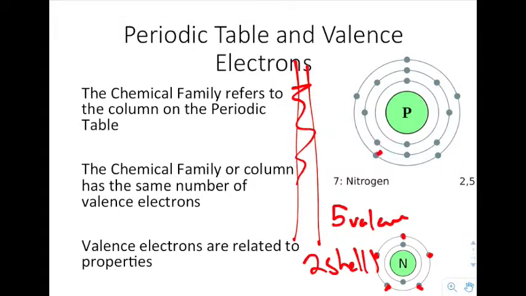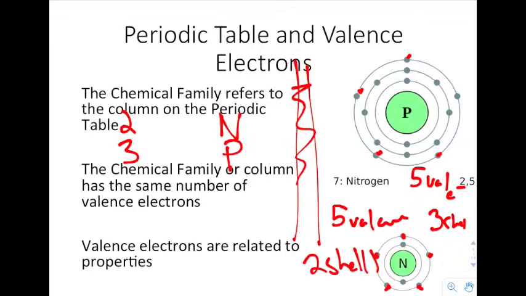Phosphorus has 1, 2, 3, 4, 5, which means it has 5 valence electrons, and it has 3 shells. So nitrogen is above phosphorus: nitrogen is in the second row and phosphorus is in the third row.